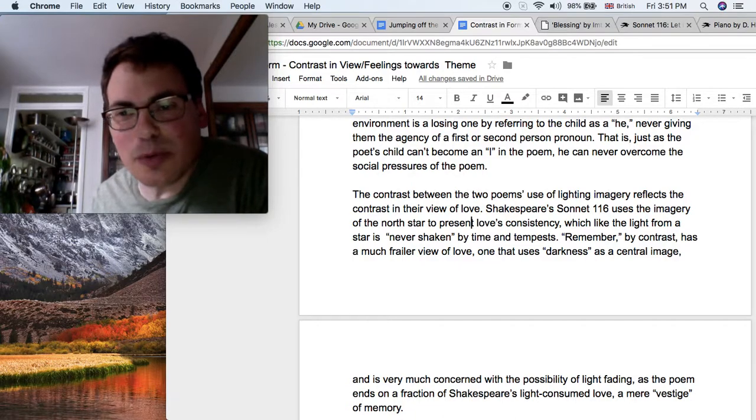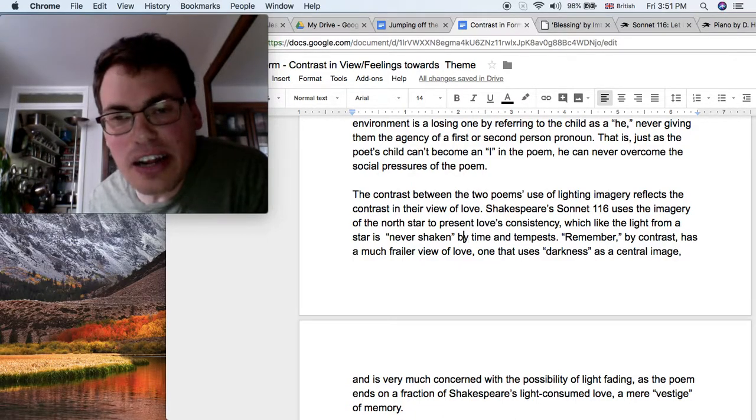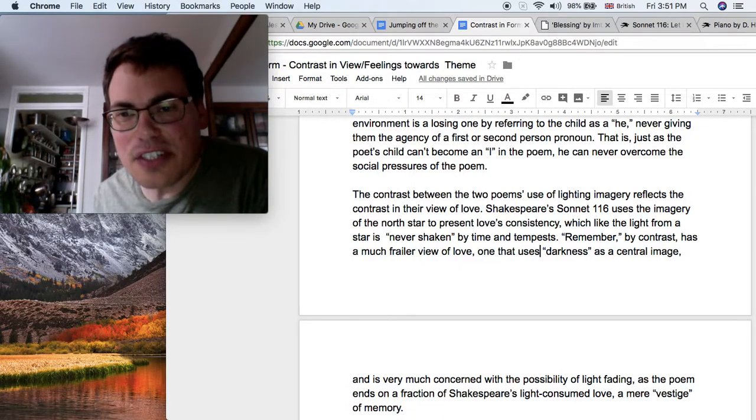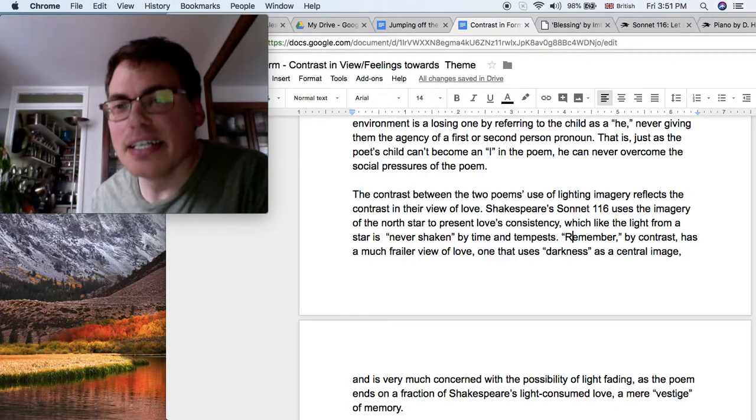Shakespeare's Sonnet 116 uses the imagery of the North Star to present love's consistency, which, like the light from a star, is never shaken by time and tempests.